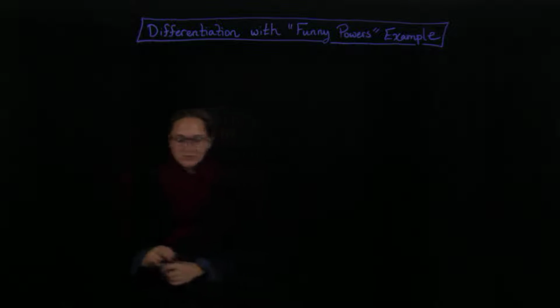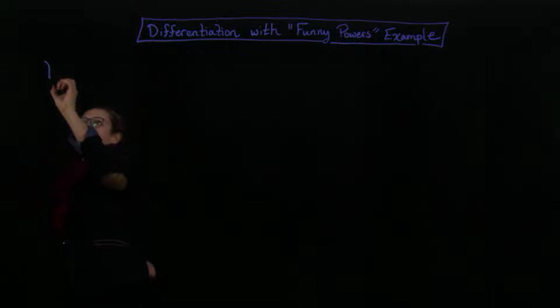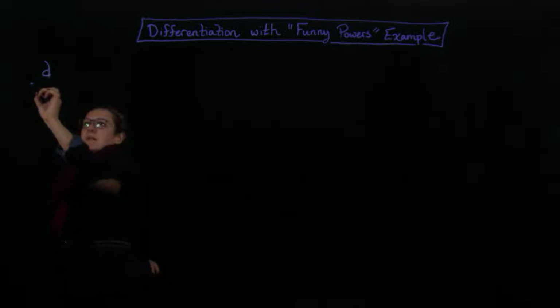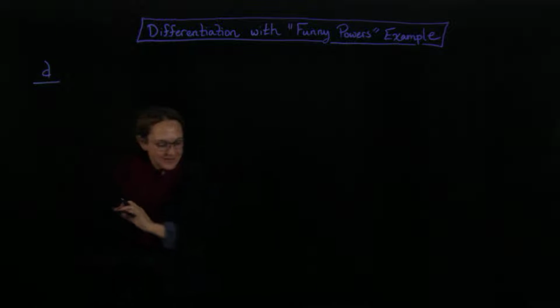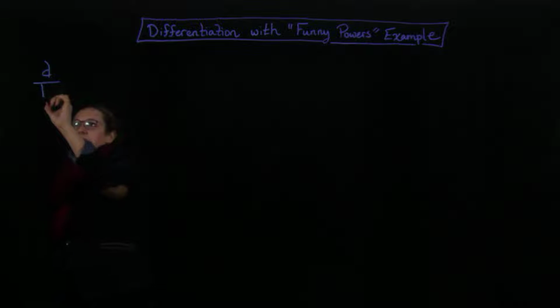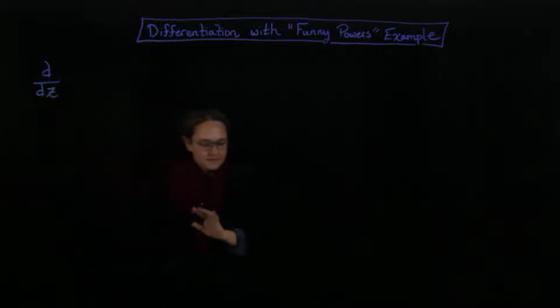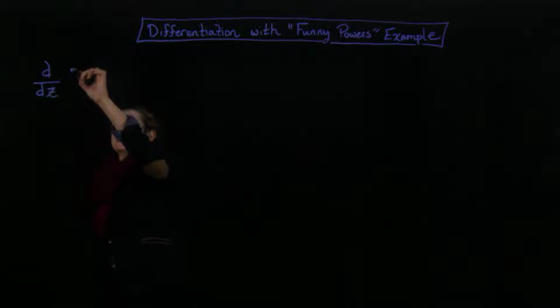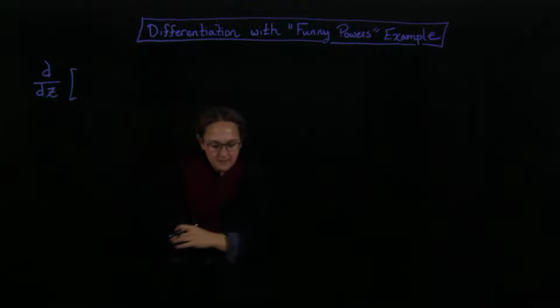I want to take the derivative with respect to x. Actually, let's do it with respect to something else. Let's do it with respect to z. I like to emphasize that we can change around our variables. It's not a problem.